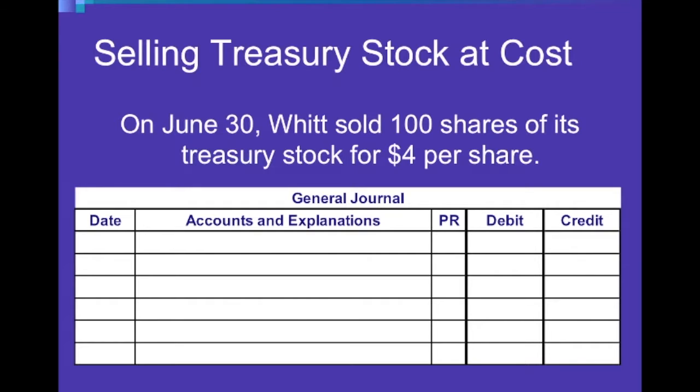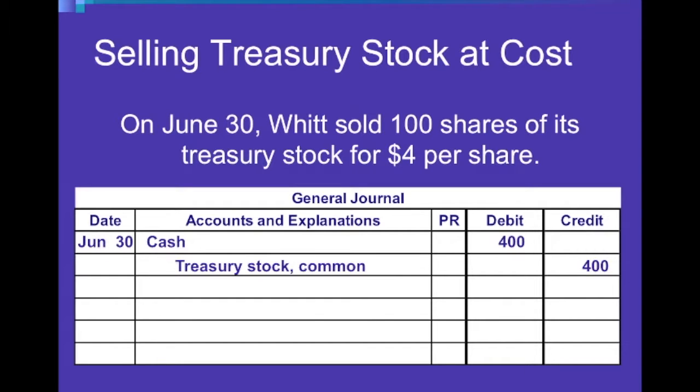All right, let's look at another transaction here. It tells us on June 30th that WIT sold 100 shares of its treasury stock for $4 per share. We're going to make the assumption that the only treasury shares it had were the ones that we just purchased from the previous slide, and we know that those shares were actually purchased for $4 per share. So this transaction will be nice and easy.